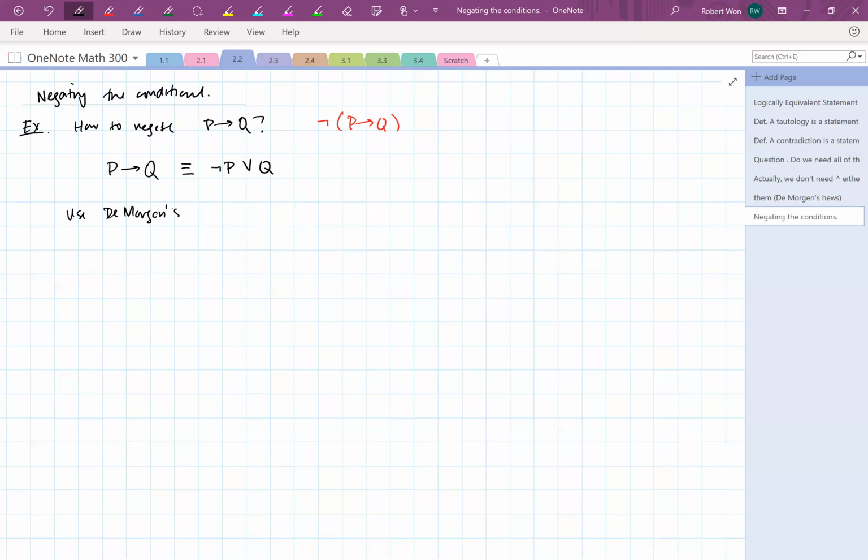I guess the second one I wrote down. So the negation is logically equivalent to the negation of this, right? Which, by De Morgan's laws, if I want to negate an or statement, what I do is I negate each part and I put an and between them.